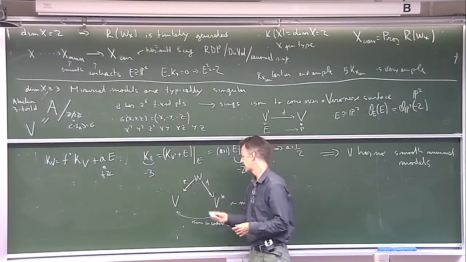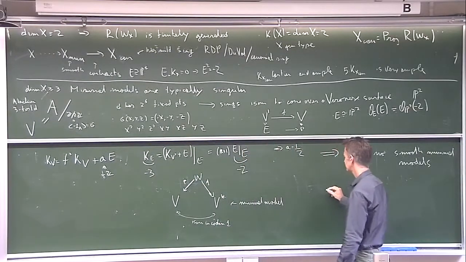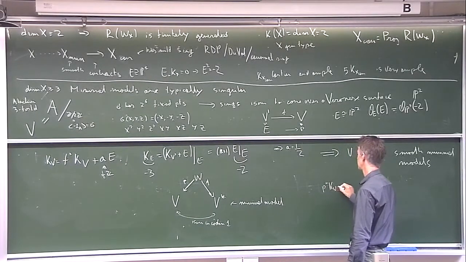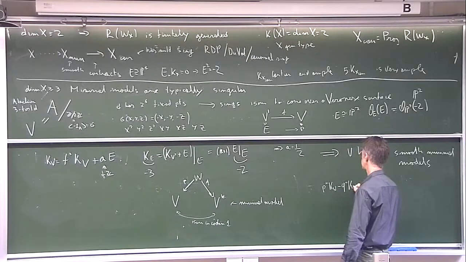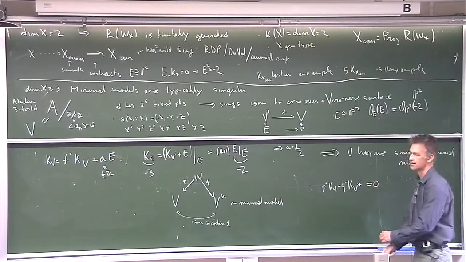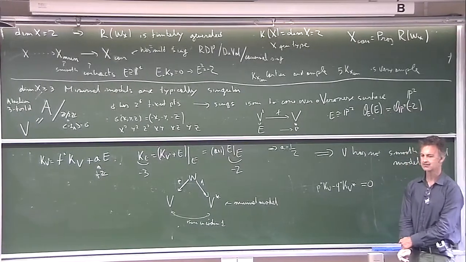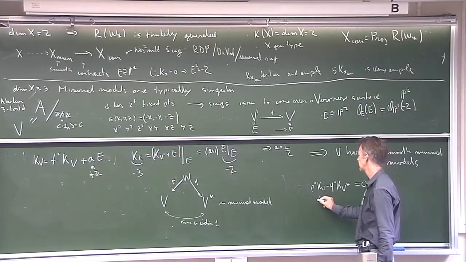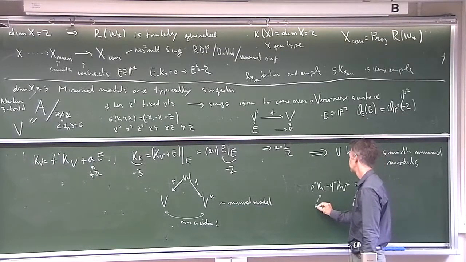And you denote by P and Q the maps. Then let's think of the gadget P star of K_V minus Q star of K_V star. I claim that this is 0. Now, why is that? Well, on the one hand, this divisor is Q-nef.